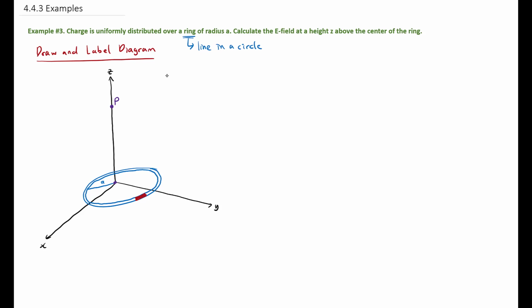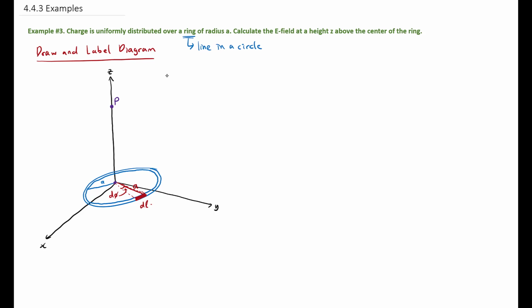And because it is a ring, we have dl over here. And from our polar coordinates, we know this is d phi. We also know that the radius, so the length of this, is a.